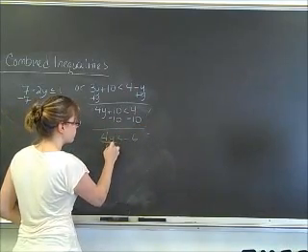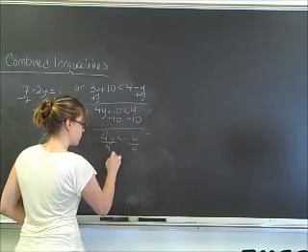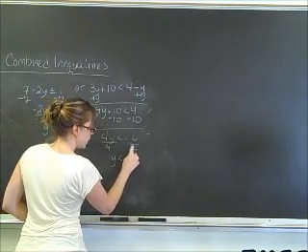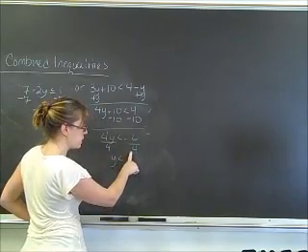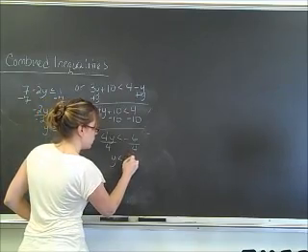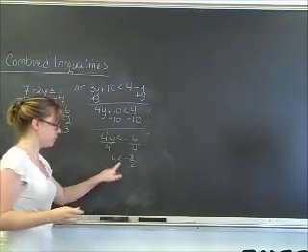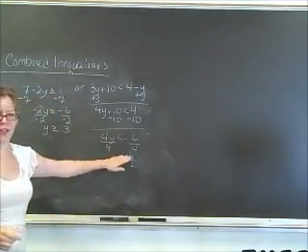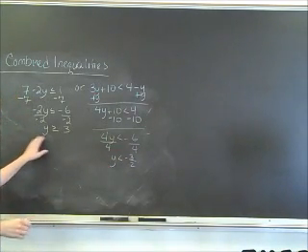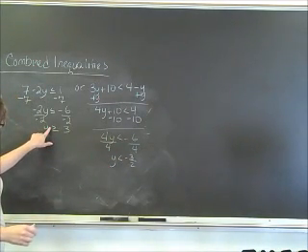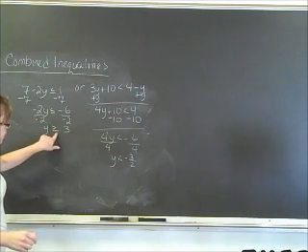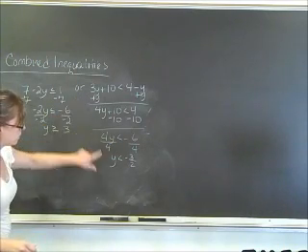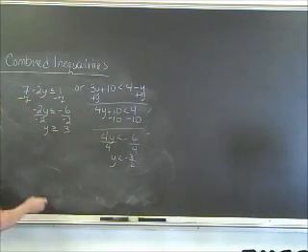And divide. -6/4 doesn't reduce exactly, but we can make it into a fraction, -1.5 or -3/2. So we have two things happening here. We have y is greater than or equal to 3, or y is less than -3/2.